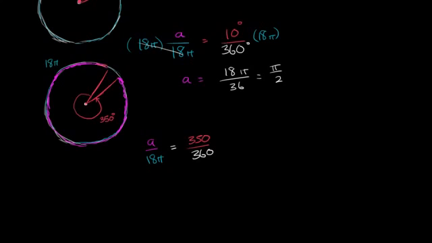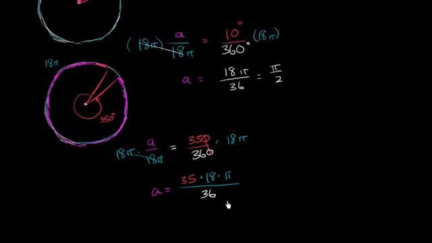So multiply both sides by 18 pi. We get A is equal to, let's see, this is 35 times 18 over 36 pi. So 350 divided by 360 is 35 over 36. So this is 35 times 18 times pi over 36.